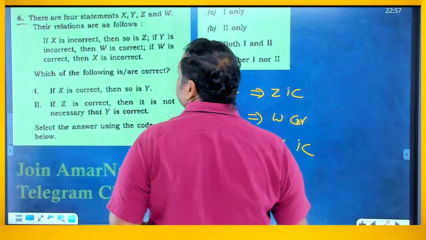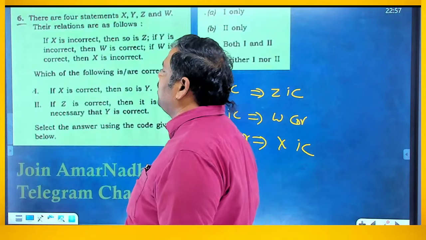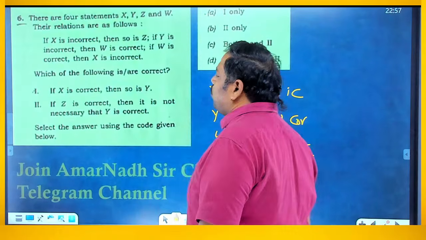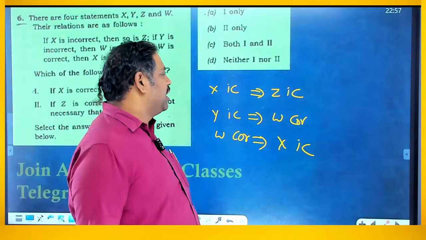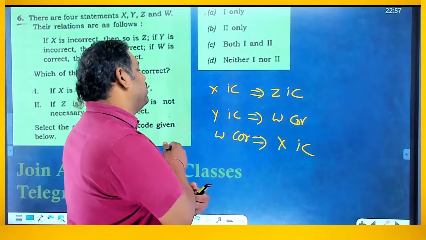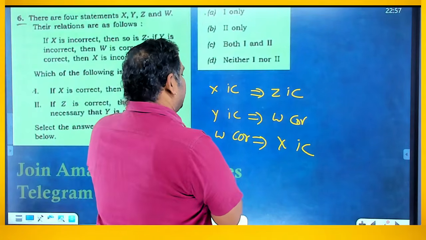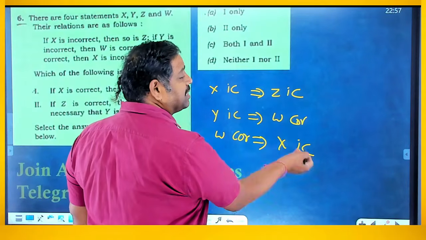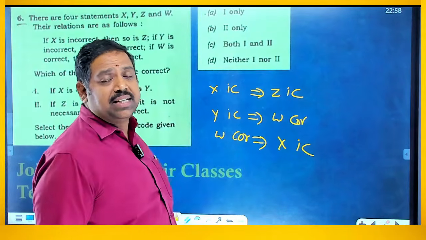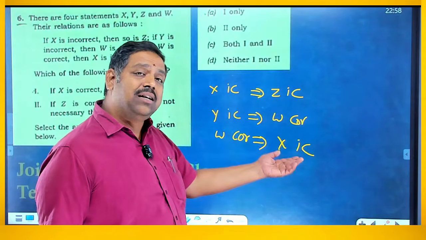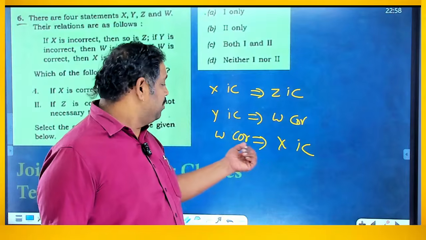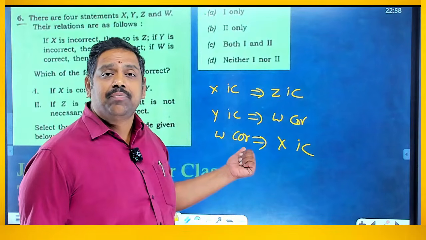Now, which of the following are correct? If X is correct, then so is Y. What's the meaning of that? If X is correct, what happens is W is correct implies X is incorrect, right? So if X is correct, that means W is incorrect, right or wrong here? Why?